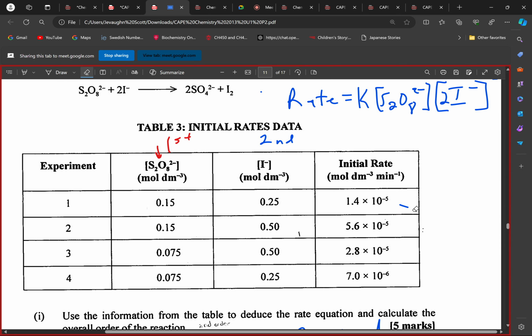I would recommend transposing. Ladies and gentlemen, talk to me. Do we transpose to find k? Go ahead, Shanique.